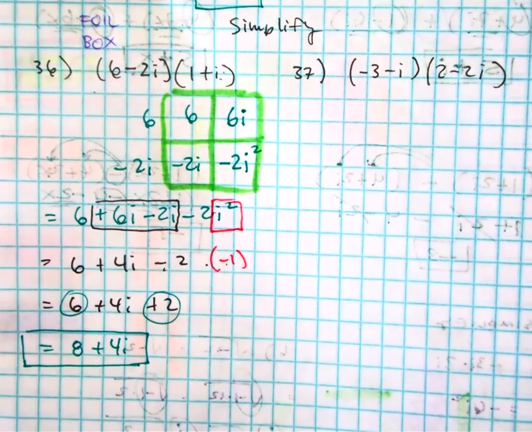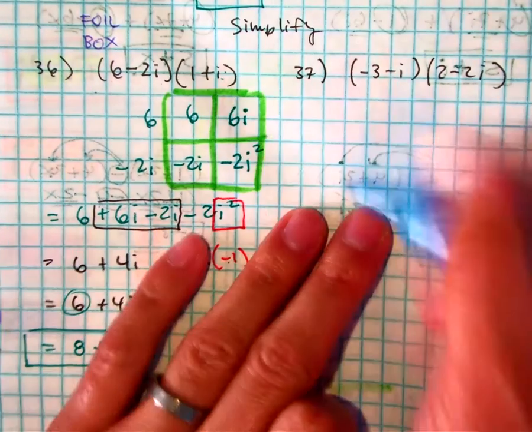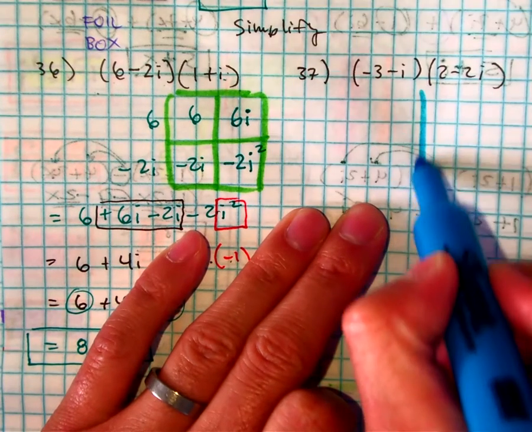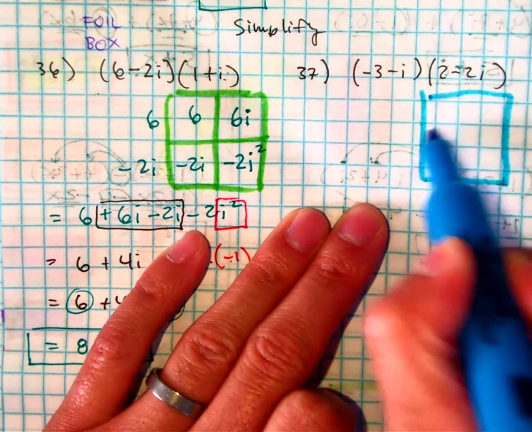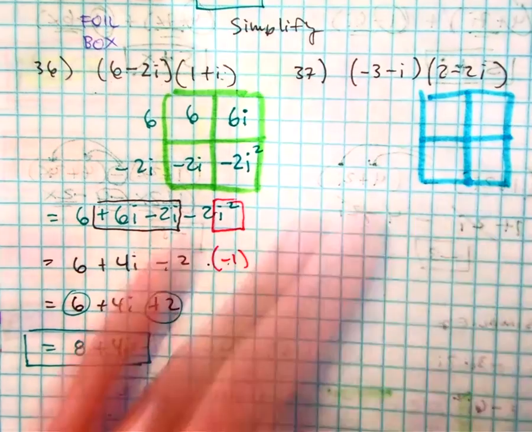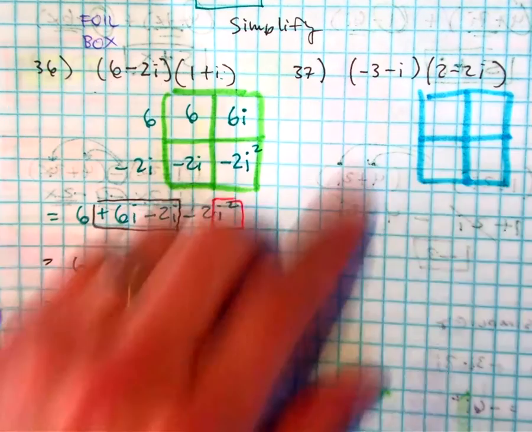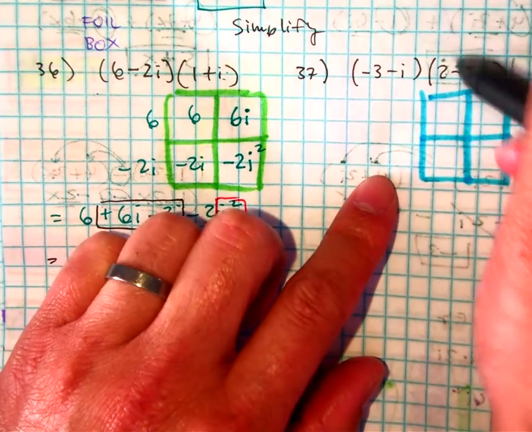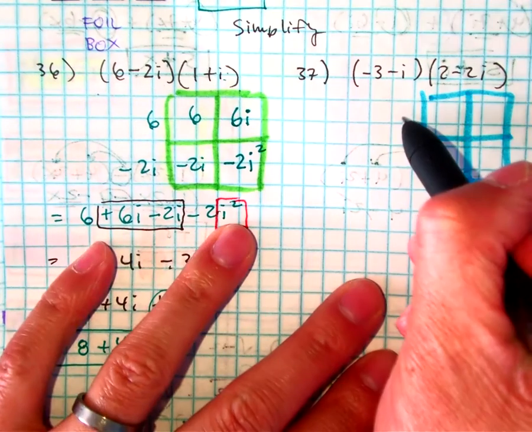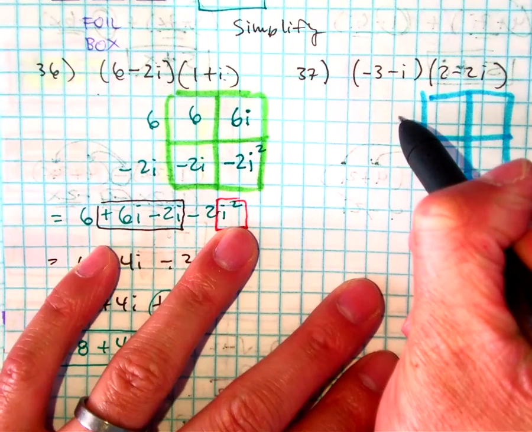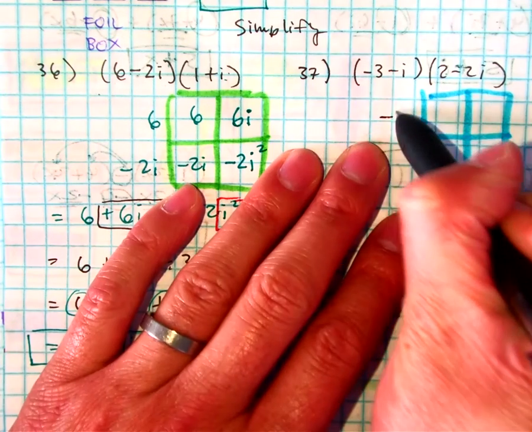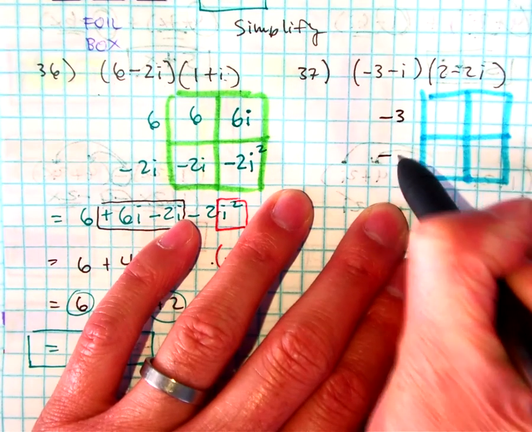Let's draw a box. Remember that line kind of goes where the math operation is. Class, what am I going to write here? Negative 3, and this over here? Negative i.